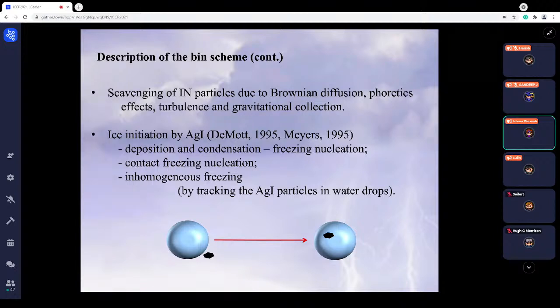You can also see why we have two different types of water drops. The reason is that this way we are able to track the silver iodide particles inside the drops. So this means we can simulate the immersion freezing initiated by the silver iodide particles. So that's the short summary about the model.